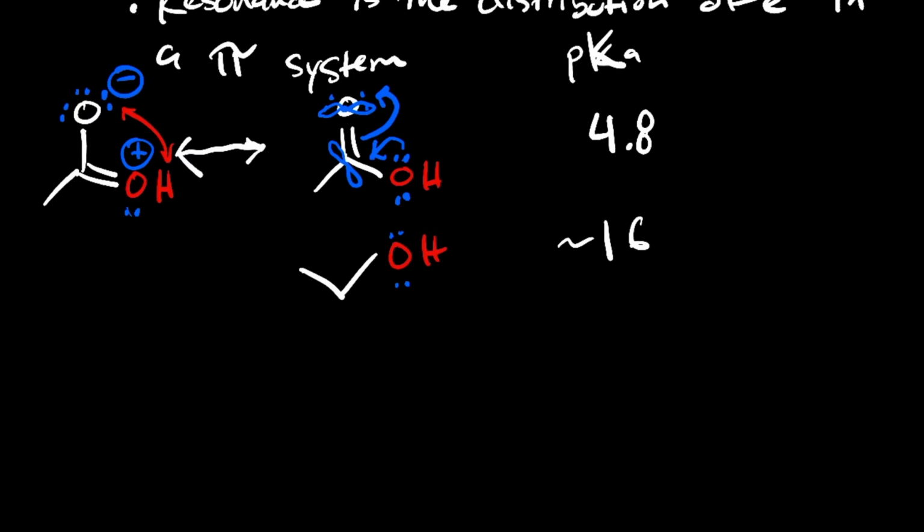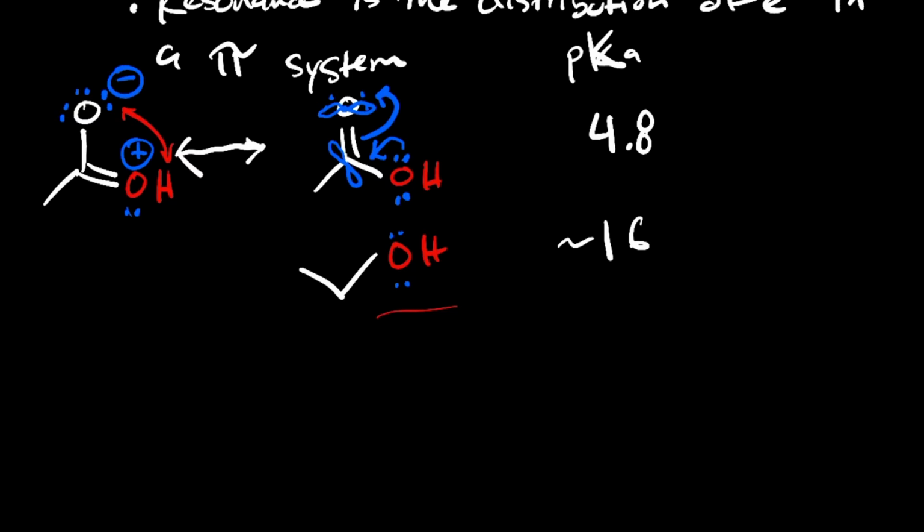But essentially what you can see is this is a whole pathway unavailable to alcohol, right? There's no pi system here. This is an sp3 hybridized carbon. It's just sigma bonds. If there were a pi bond, sure, but those electrons are essentially stationary on there.